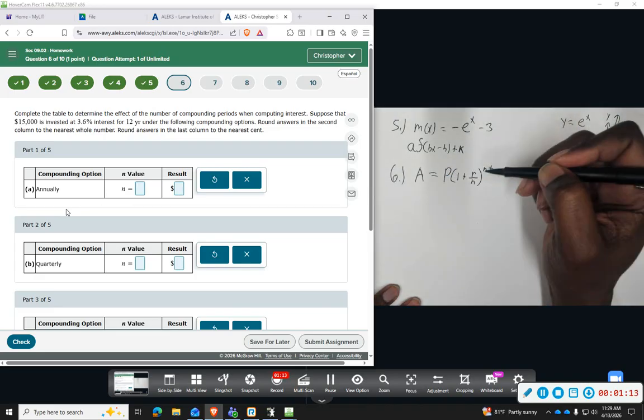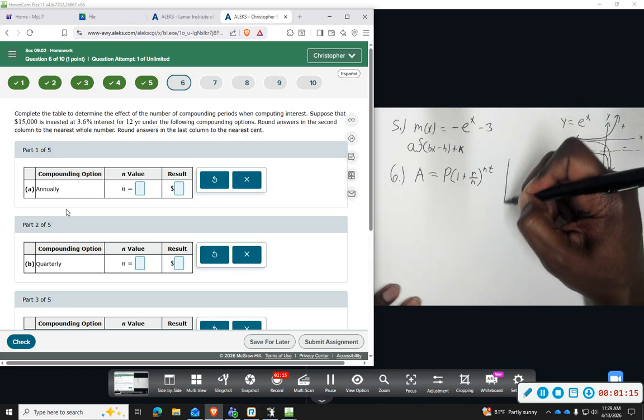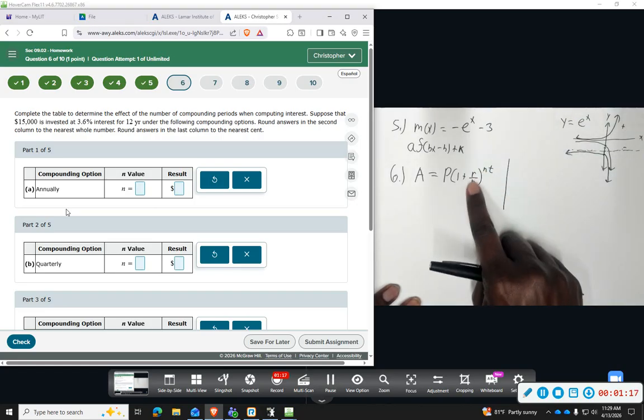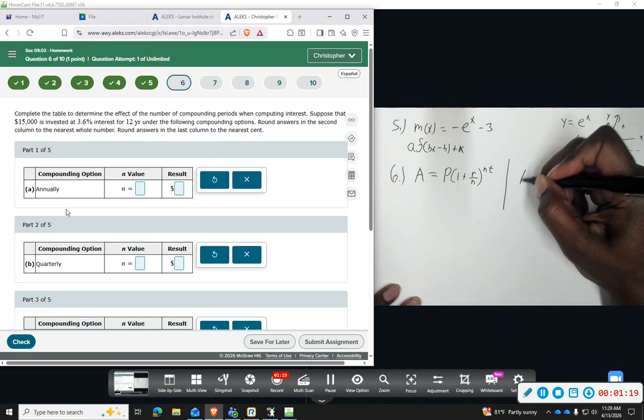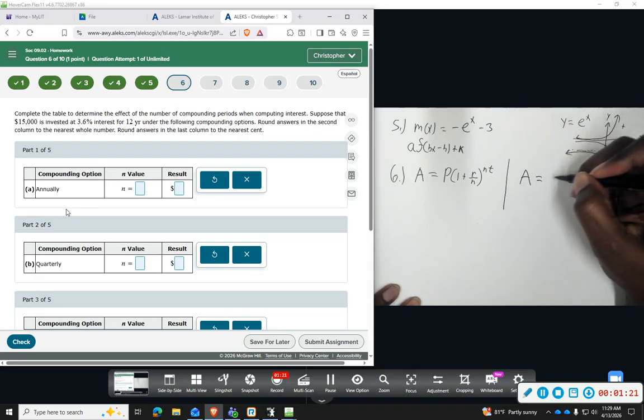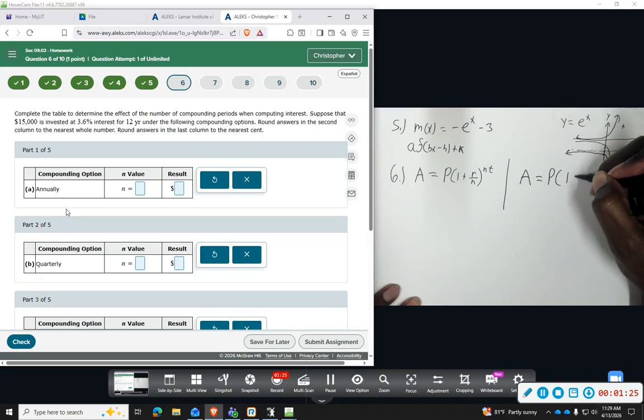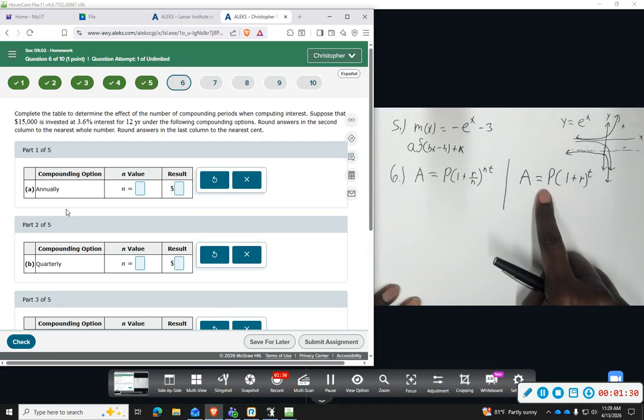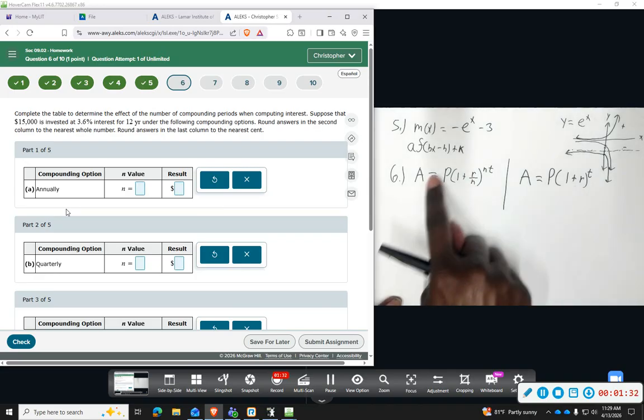And then there is an annual interest rate where you just plug in a 1 for N and it simplifies to A equals P, 1 plus R raised to the T power.